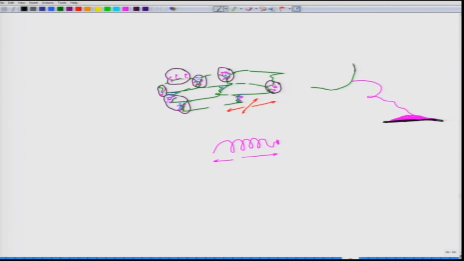There is one force which is helping it to attach, the attachment force, whereas there is another force functioning here, which is the force generated due to contraction, the mechanical activity of the cell.